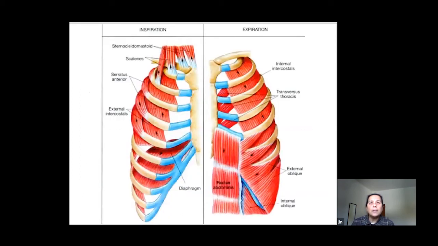The picture here just shows us some muscles working during inspiration and expiration. Basically we have a lot of muscles, including the diaphragm.